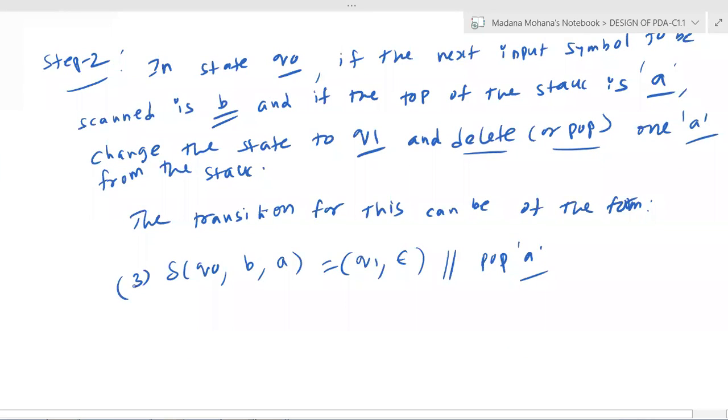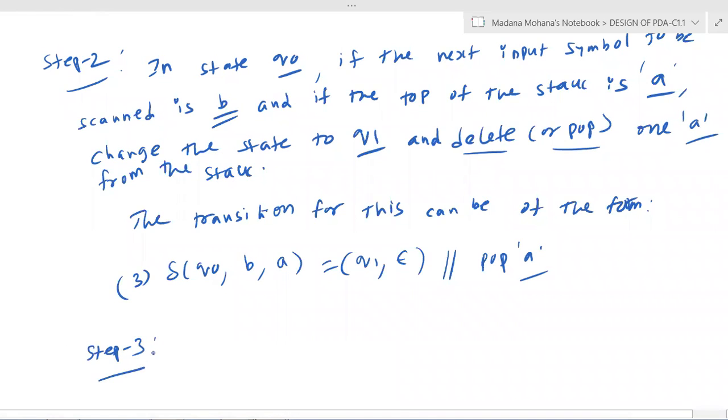So now you are at Q1. Again, if your next input is B, then there exists a corresponding A on top of the stack, that is the second A. At that time also you can pop the second A from the top of the stack with the corresponding input B. So that can be done in step 3.